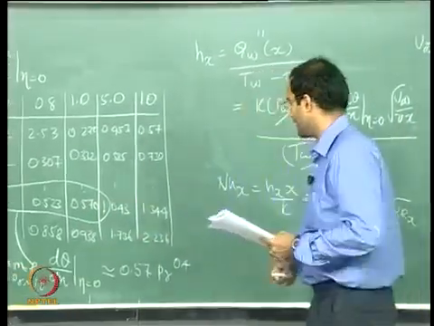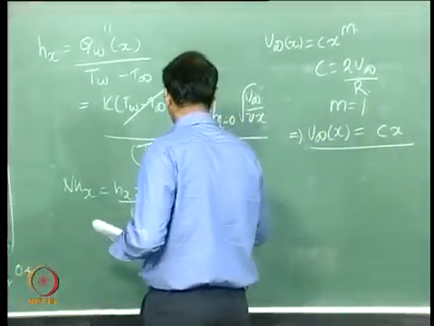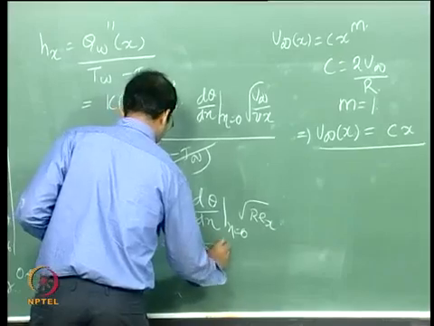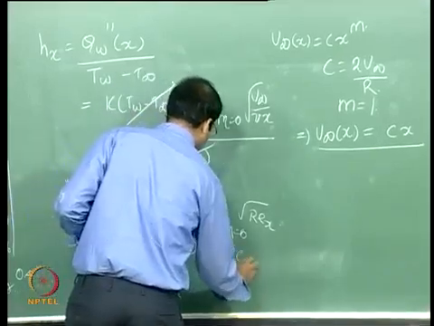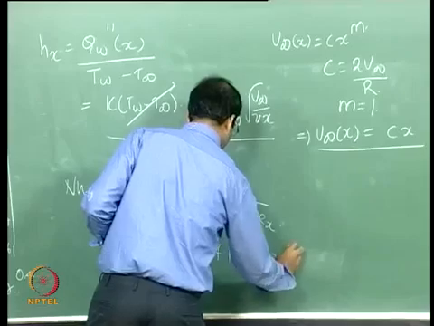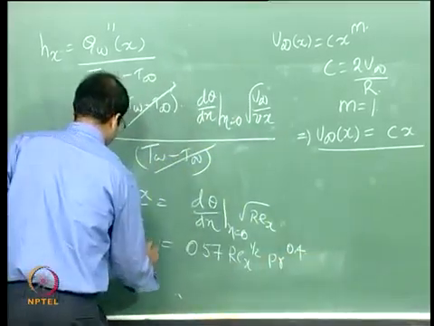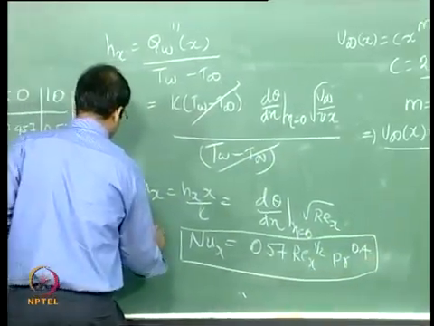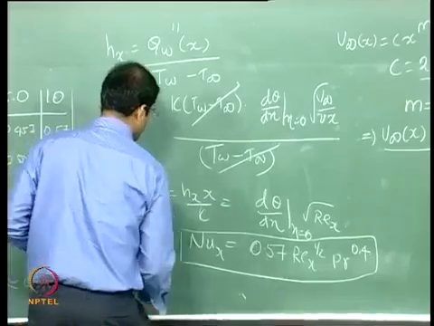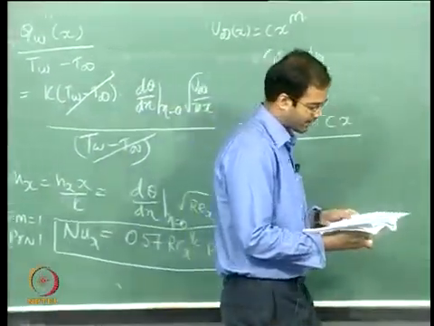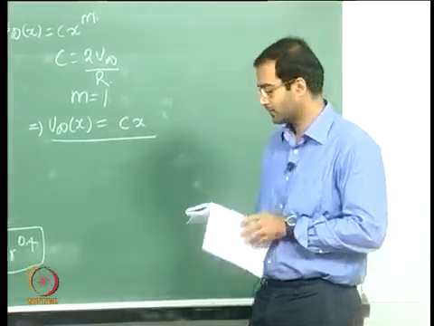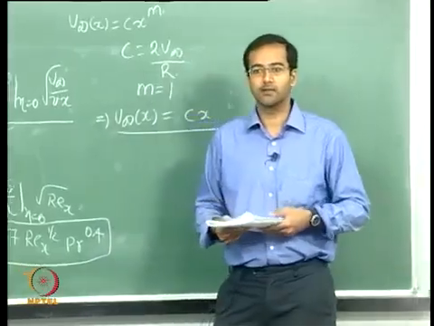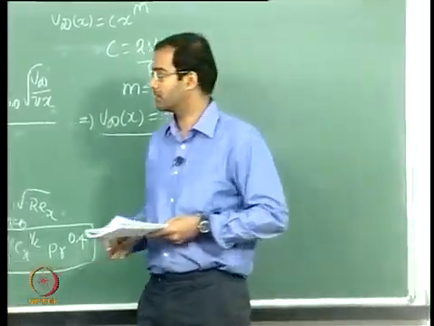Okay, so therefore if you substitute for that, your d theta by d eta is a function of Prandtl number now, this becomes 0.57 into Rex power half Prandtl number to the power 0.4. So this is the case for m equal to 1, Prandtl number close to 1. Okay, so this is the local variation that you find for the stagnation point flow case. Of course, you know the variation with respect to Prandtl number for m equal to 0.